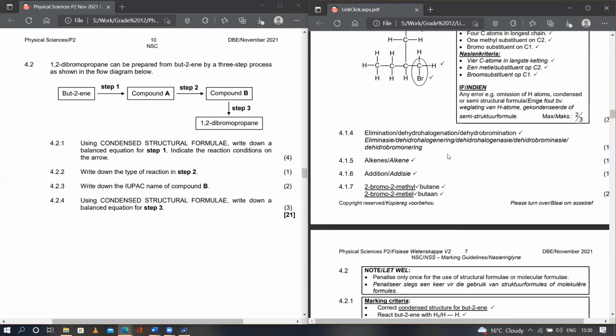Right now I can give you the answers, you can go check through the memo, but if you don't know how these reactions occur, it's not gonna be useful to you. So that's why I keep suggesting that when it comes to organic compounds, you should do a lot of self-study. I will be able to help you with the other ones, but organic compounds require a lot of self-study.